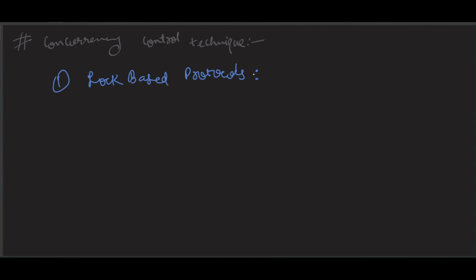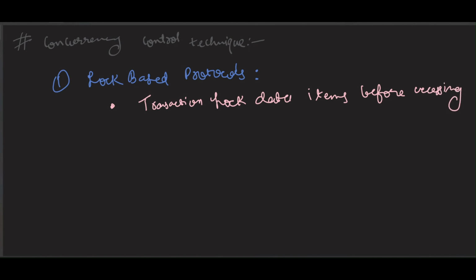So what is this protocol basically? In this, transactions lock data items before accessing. Okay. There are two types of lock.